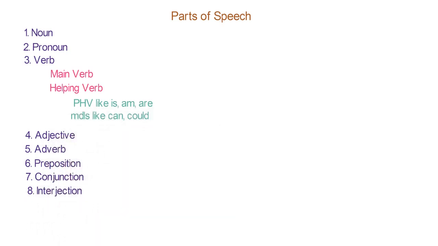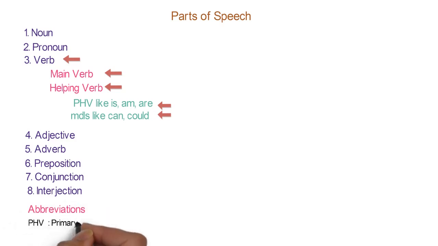So here verb is called subheading, main verb and helping verb are called subpoints, and primary helping verb and modals are called sub-subpoints. Notice we have used abbreviation for primary helping verb as PHV and modals as MDLS.